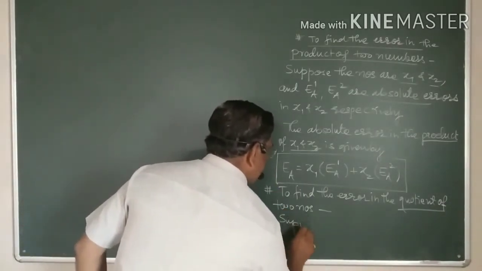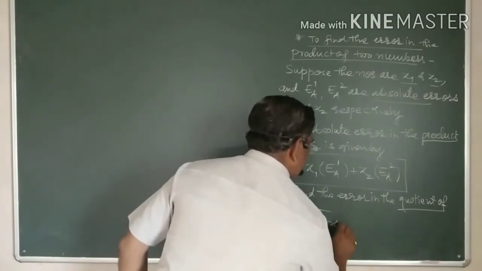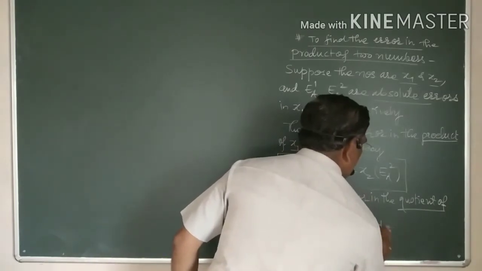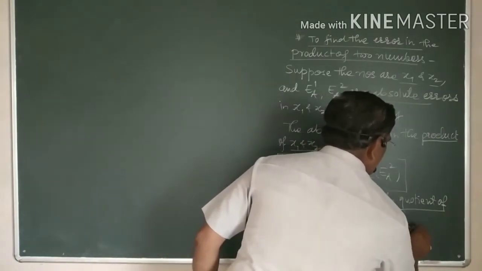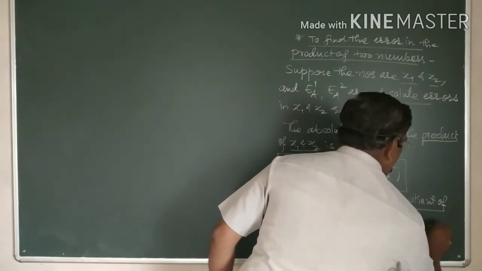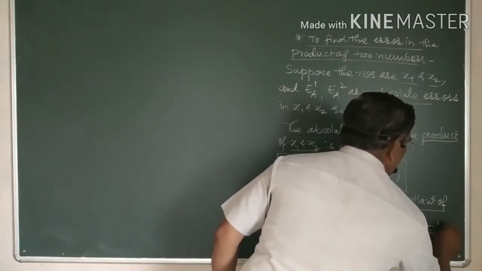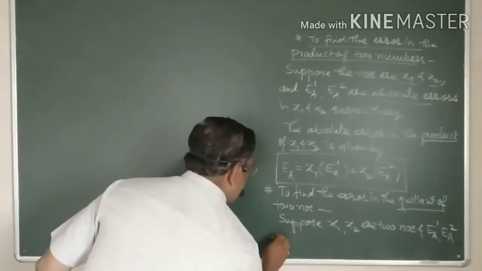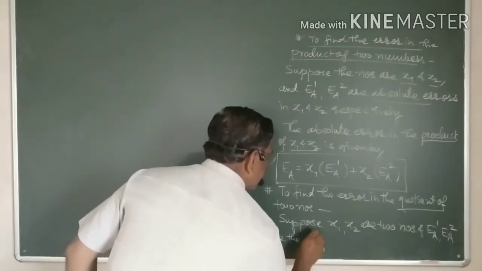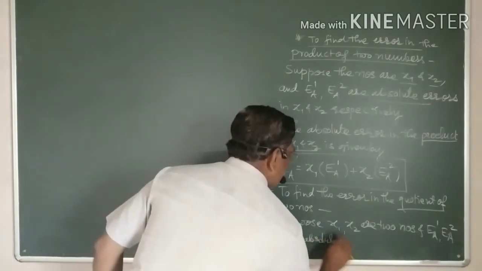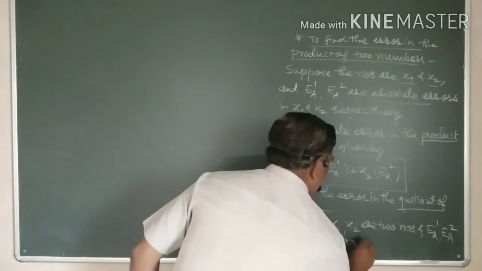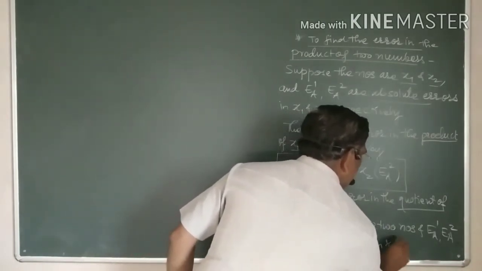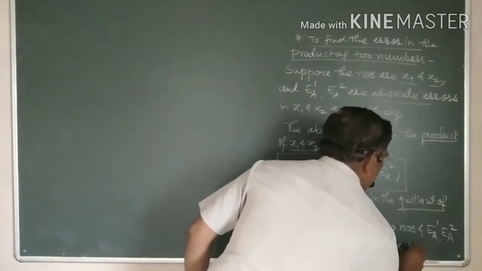Suppose x1, x2 are two numbers, and EA1, EA2 are the absolute errors in x1, x2 respectively.